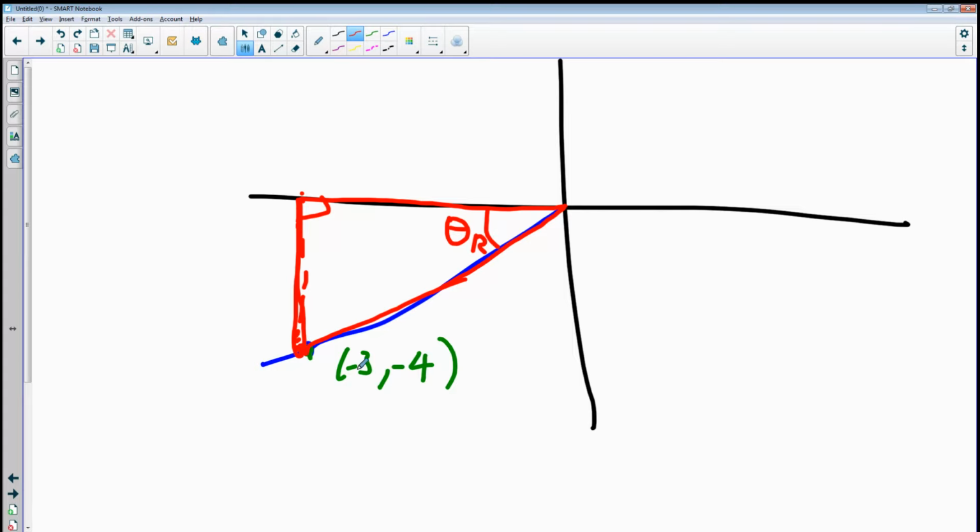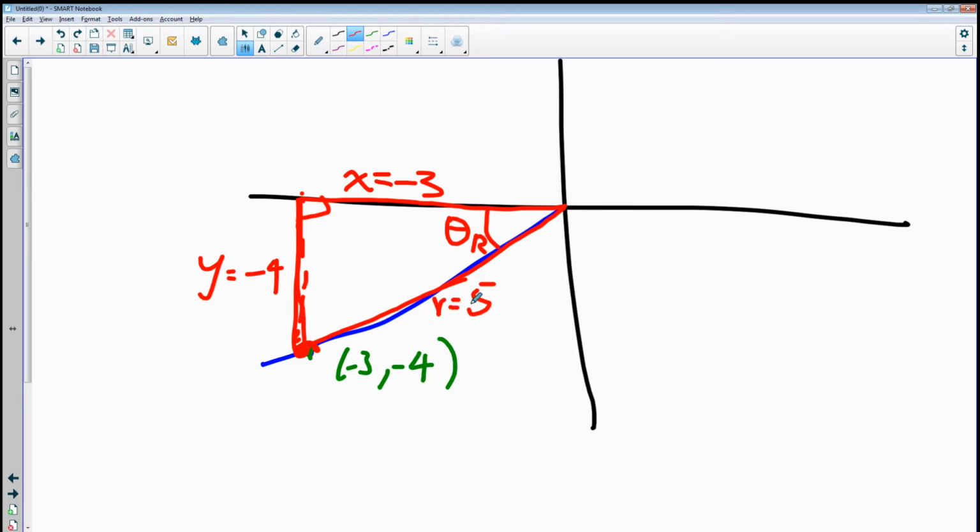Well, this point's -3, -4, so the x is -3, y is -4, and we earlier calculated that r is 5. Now, if we label the triangle, this point to be x, this point to be y, this point to be r, now we have a right angle triangle with this reference angle.